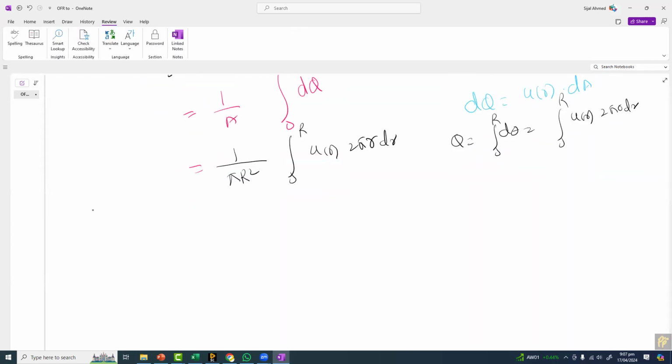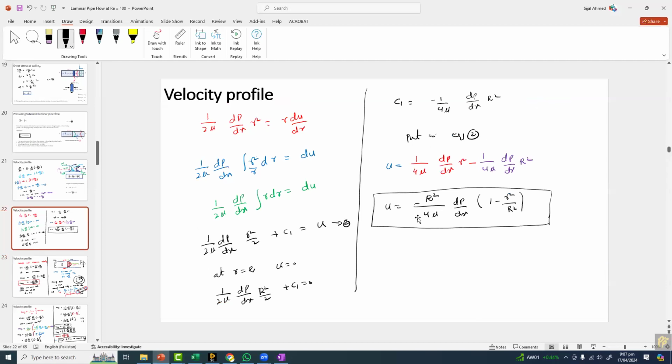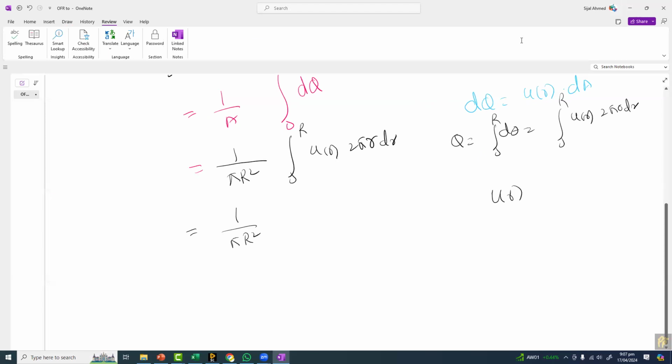Okay. So now I can put in the u(r) that we have just derived. What is u(r)? It is minus R square upon 4 mu, dp by dx, into 1 minus r square upon R square.